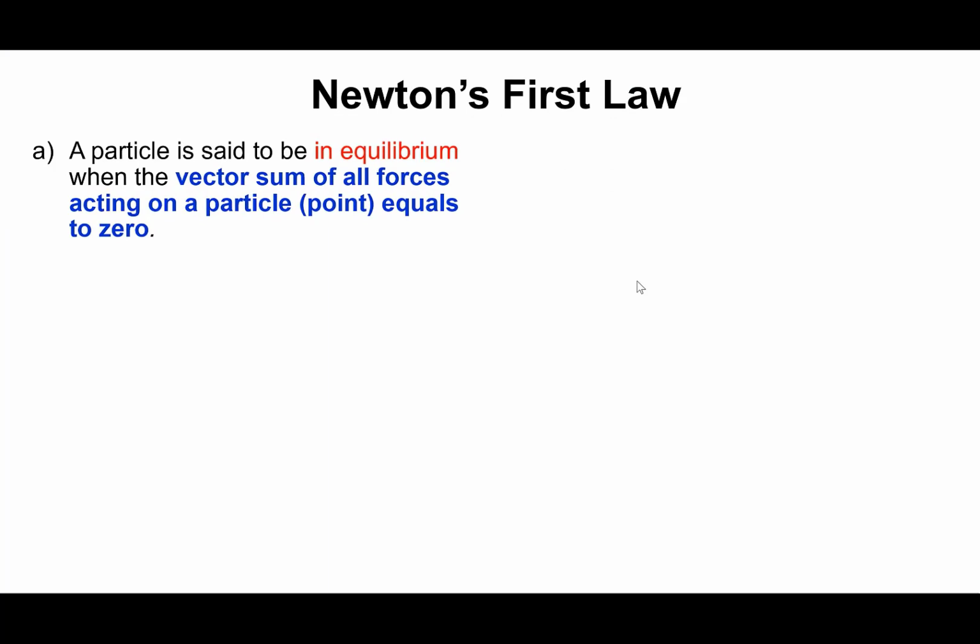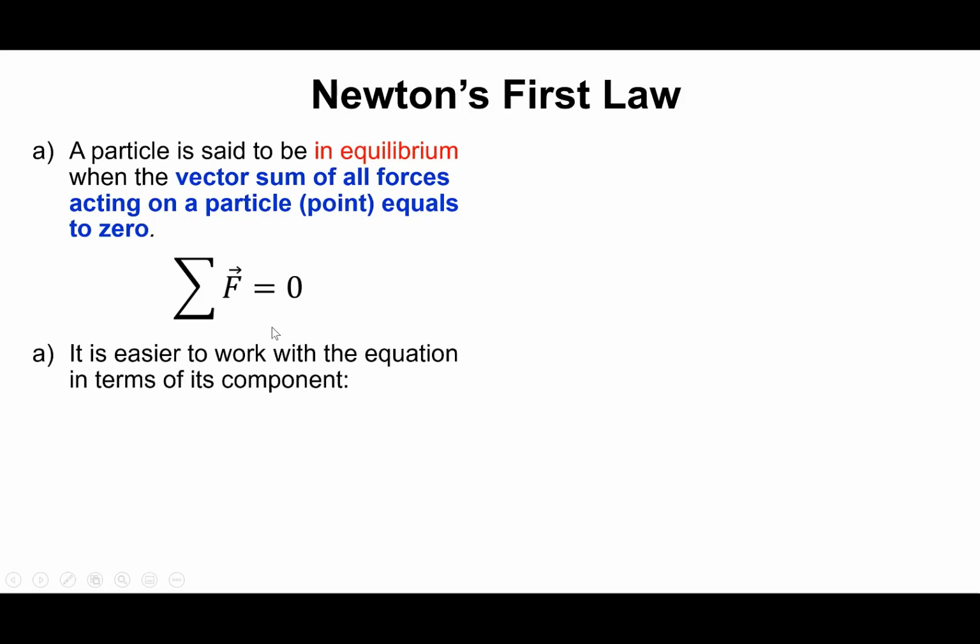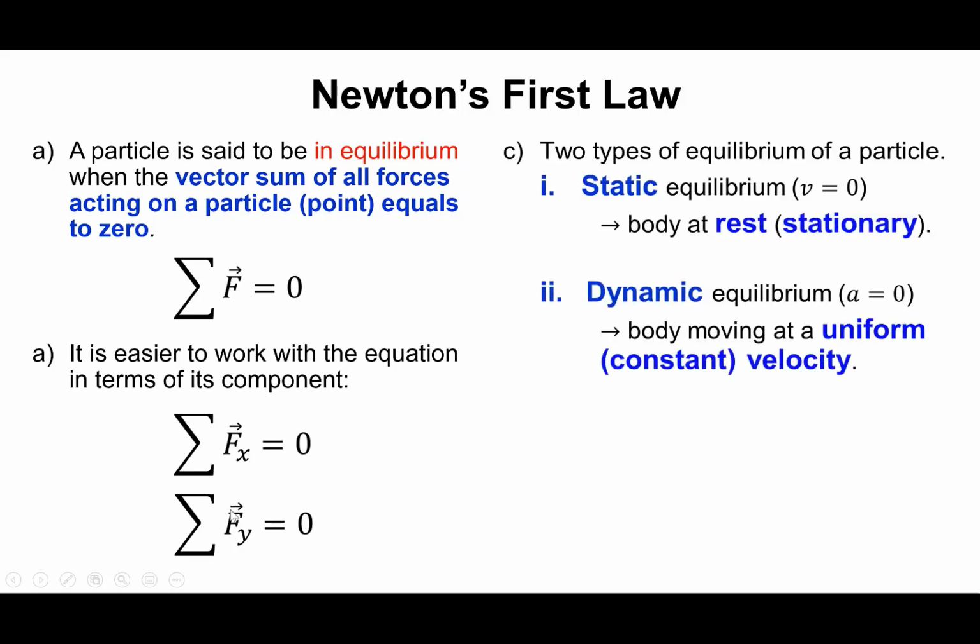In summary, an object or particle is said to be in equilibrium when the vector sum of all forces acting on a particle or object equals 0. Mathematically, we could write this as summation of F equals 0, and it is easier to work with the equation in terms of its components: summation of Fx equals 0 and summation of Fy equals 0.